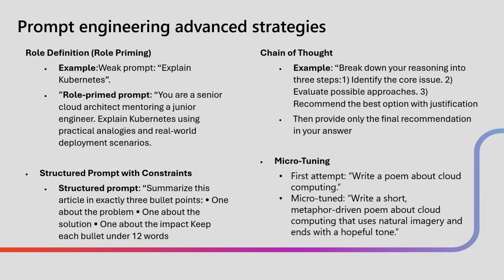Explain Kubernetes using practical analogies and real-world deployment scenarios. You can expect that the level of detail and accuracy will differ substantially from those in the previous example. The reason why this works? Well, the model now knows how to speak to whom and from what perspective, thereby reducing ambiguity and improving relevance.